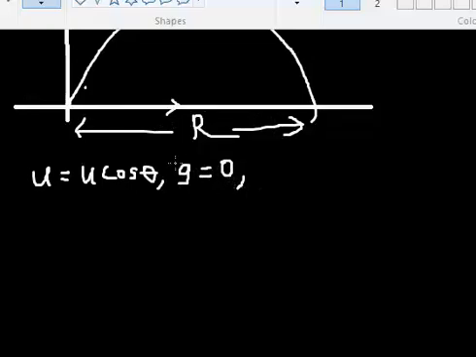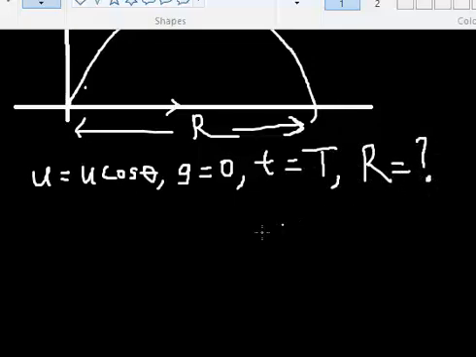And of course, the T I need is going to be the capital T, because at the point where I measure the range, the time that particular object has completed its motion is the total time of flight, which of course is the capital T. Then of course, the range, which serves as my horizontal distance, is question mark.